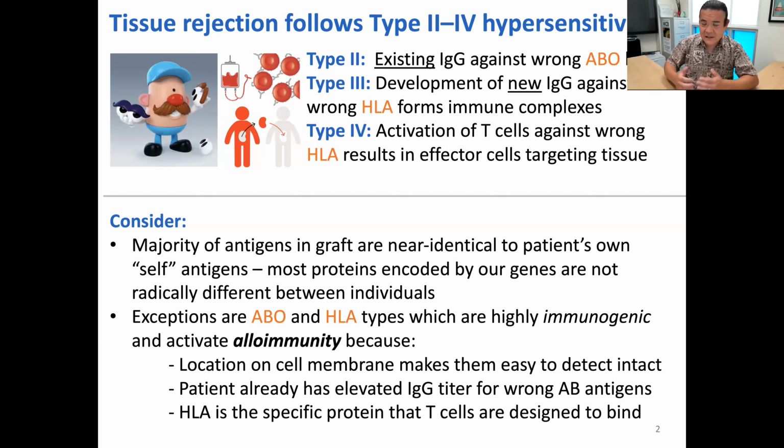So you wouldn't expect many of the different types of antigens in healthy tissue to be the cause of tissue rejection. Right? But of course, the exceptions are these ABO and HLA types.